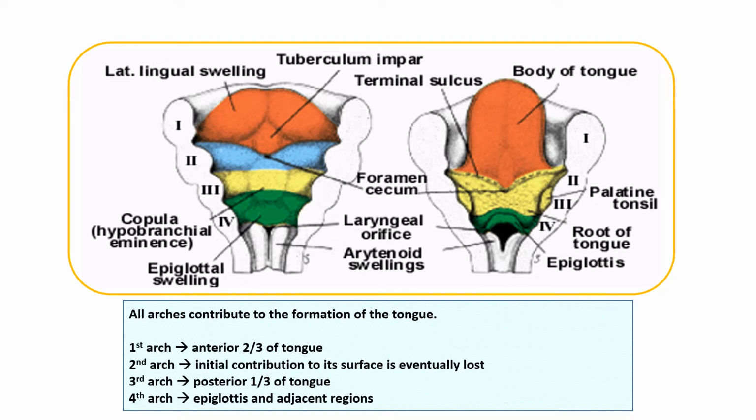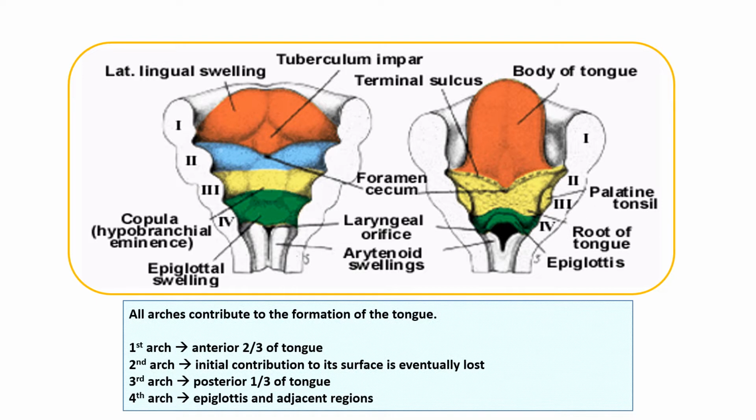And with that, you have the formation of the anterior 2/3 of the tongue, or the body of the tongue. So the mucosa of the anterior 2/3 of the tongue is derived from those two lateral lingual swellings of the first pharyngeal arch, and of course the tuberculum impar of the first pharyngeal arch as well.